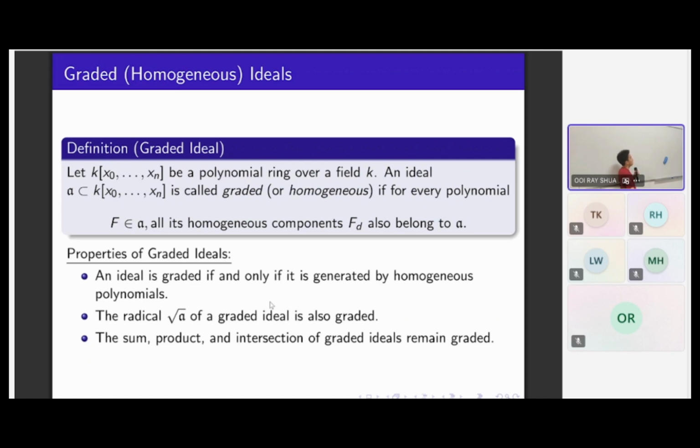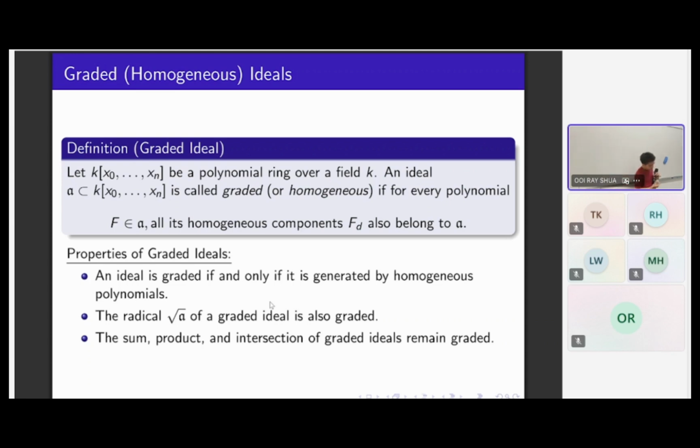But you need to make sure it's finite. The proof says it is finitely generated, but it's not saying that it's generated by finitely many homogeneous polynomials. Probably that's also true, but the property in the book says finitely.